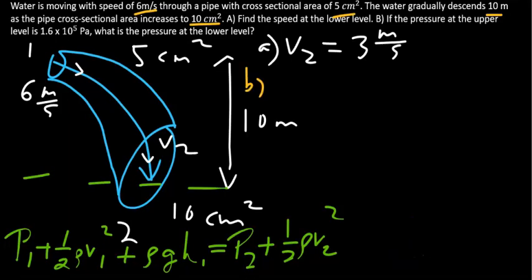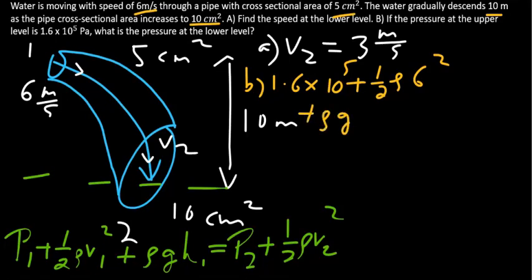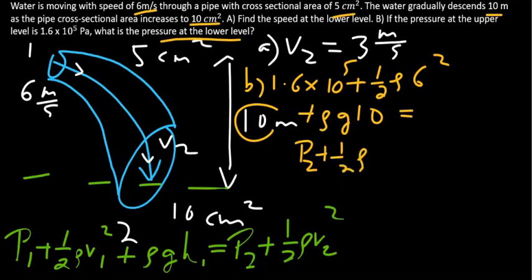So let's substitute the numbers. P1 is the pressure at the upper level, so 1.6 times 10 to the power 5 Pascal, plus half density. The speed there is 6, so 6 squared, plus rho g, the vertical position, is 10 meters, equals P2, what we want to determine, the pressure at the lower level, plus half density V2.